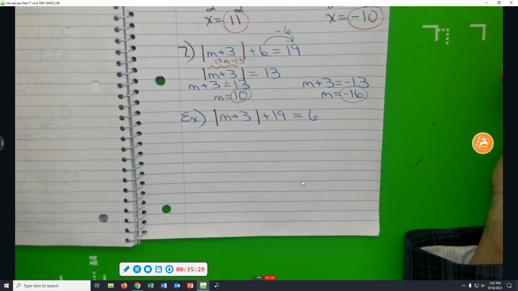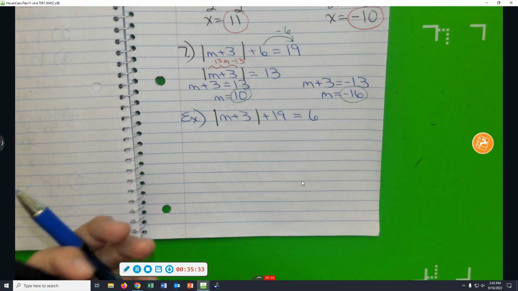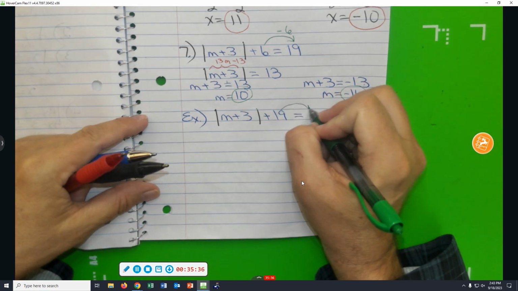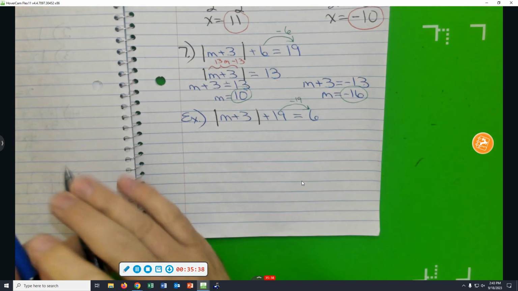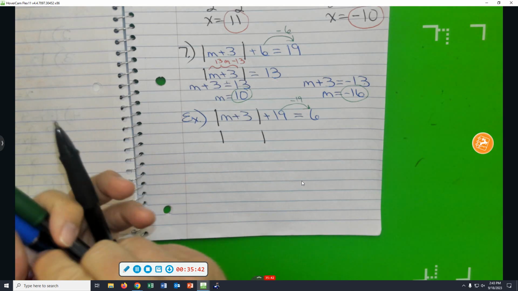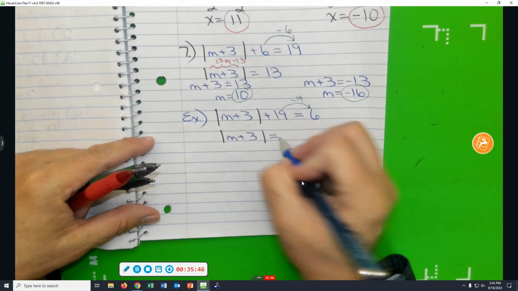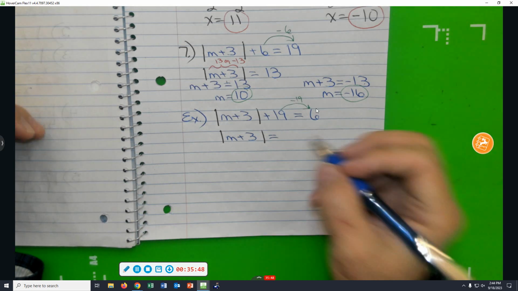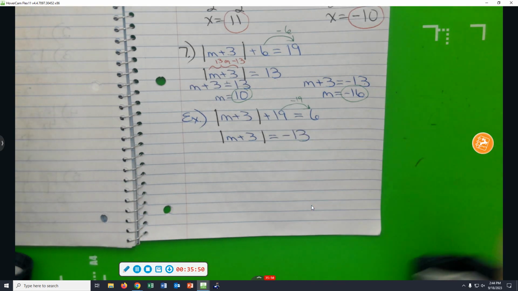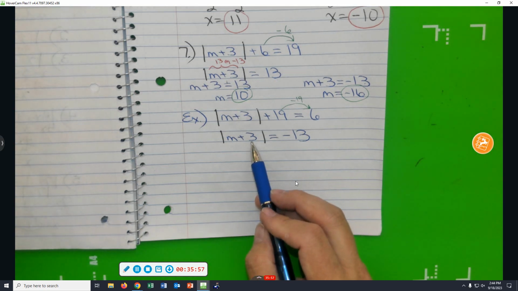What do we have to do first? Isolate that absolute value by subtracting 19. So we have the absolute value of m plus 3 is equal to negative 13. What do we conclude? No solution.